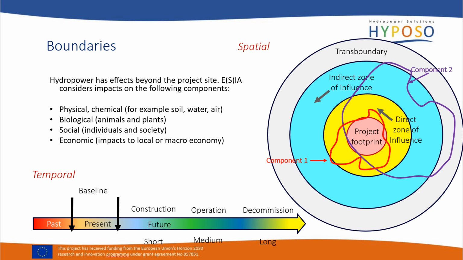So each one of the components, animals and plants, move in different ways and use different parts of the environment. And those are represented here by the different lines. If we think, for example, on mammals, the red line might be a small mammal that has a small area where it lives, its habitat range.